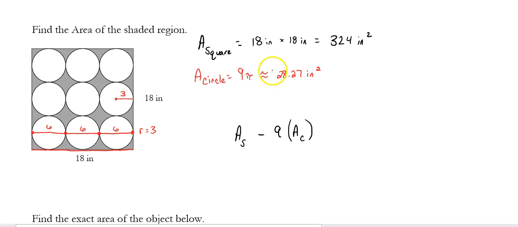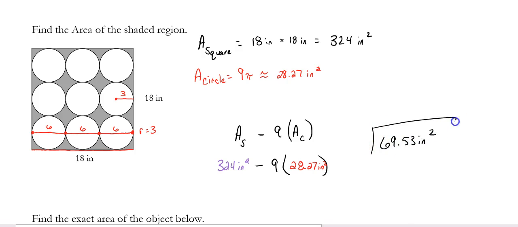So area of the square is 324 inches squared, and I am going to subtract 9 times the area of the circle, which we calculated to be 28.27 inches squared. When I do this subtraction, we get approximately 69.53 inches squared.